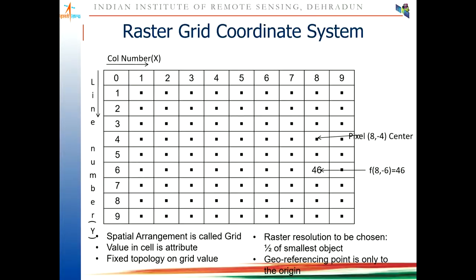Generally, whenever we do a representation, most of the software assumes that the value represented by the whole grid cell can be considered to be concentrated at a point location, and this becomes an important factor to consider whenever we do any kind of analysis. We need to know how the software is representing that point.